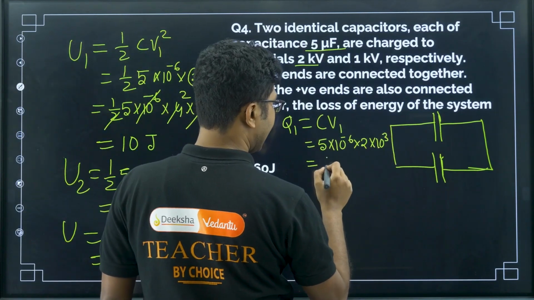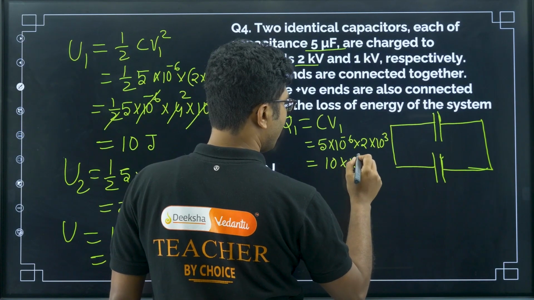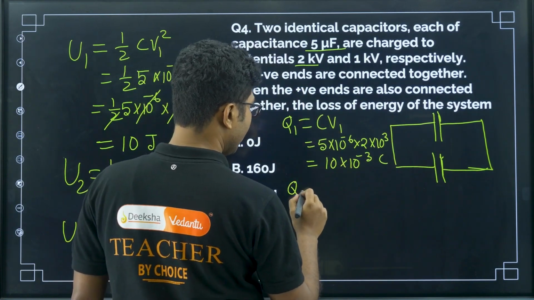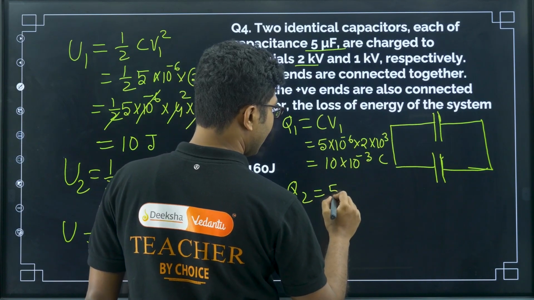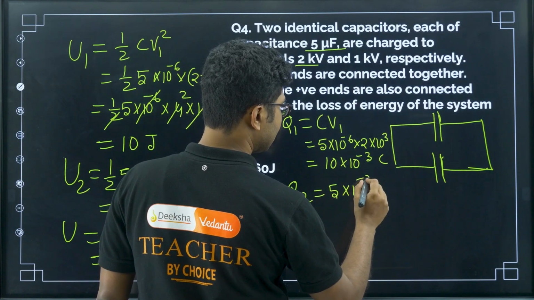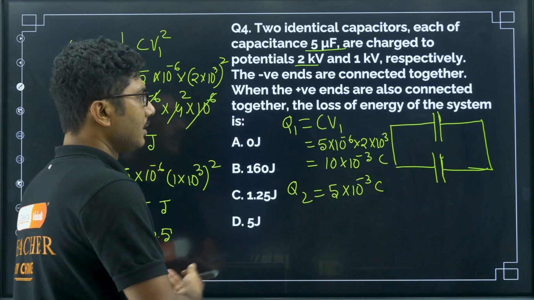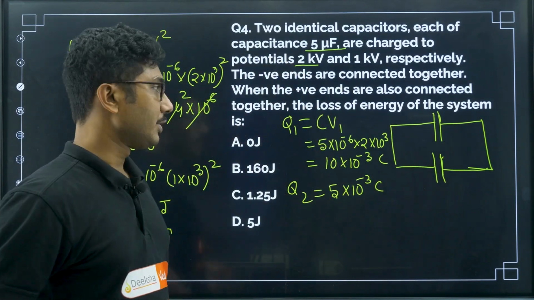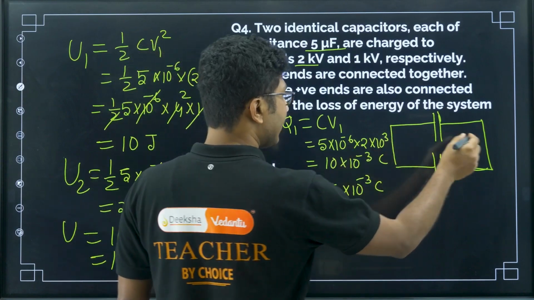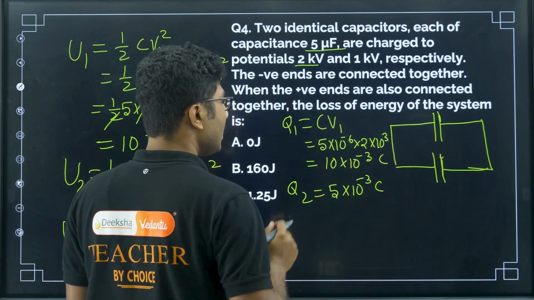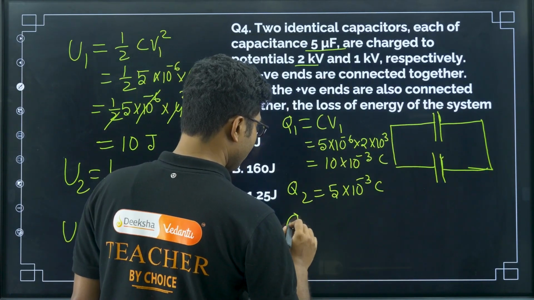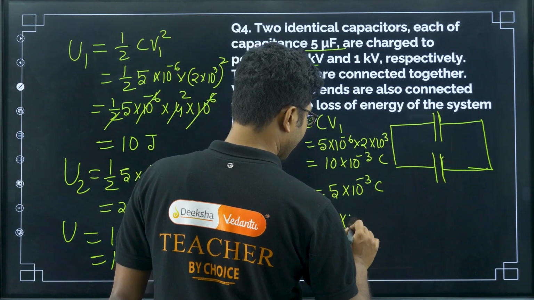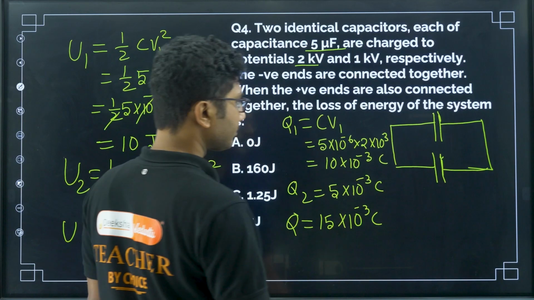So it will be 10 times 10 to the power of minus 3 coulomb. Similarly, Q2 will be 5 times 10 to the power of minus 3 coulomb, the same way, only V2 is 1. Now the total charge will remain constant, meaning when they are connected in parallel, the total charge of the system remains constant. So Q total will be 15 times 10 to the power of minus 3 coulomb.